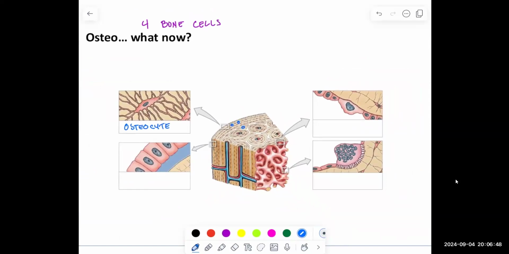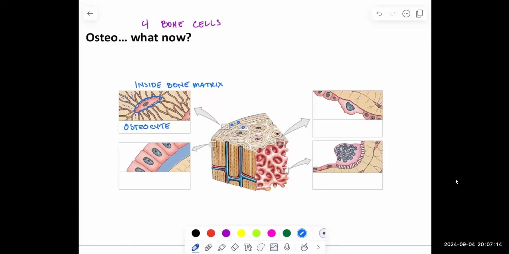This one is going to be found inside the bone matrix. The osteocyte, this cell, its job is to maintain the bone around it.